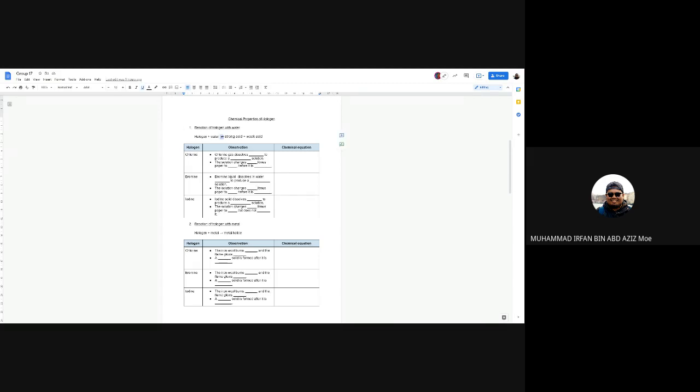We can go from left to right and also from right to left. This is what we call a reversible reaction. It depends on certain conditions. If you have this type of arrow, it means the reaction can be reversible. If there is only one arrow to the right, it is one direction and the reaction cannot be reversed.